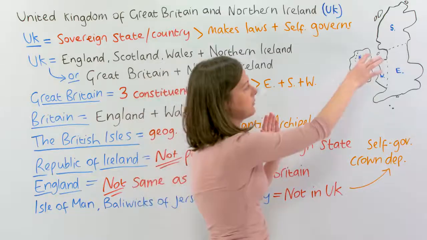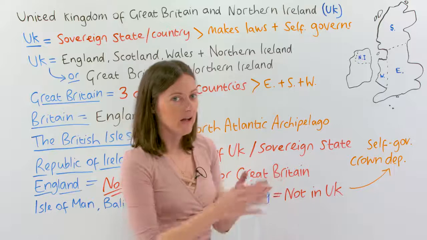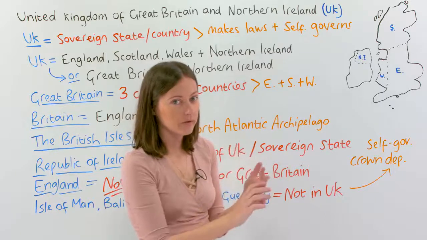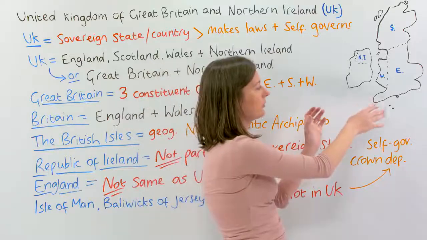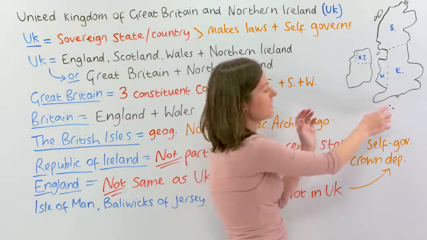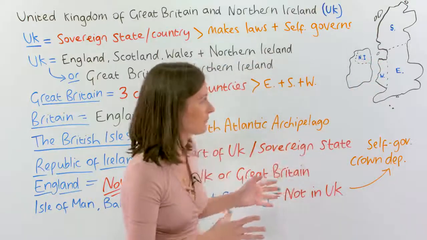So we have the same Queen as them, but they're not part of the UK, and they can make up their own laws and they can govern themselves, and the laws are different. So they run themselves one way, and in the Isle of Man they run themselves in another way.